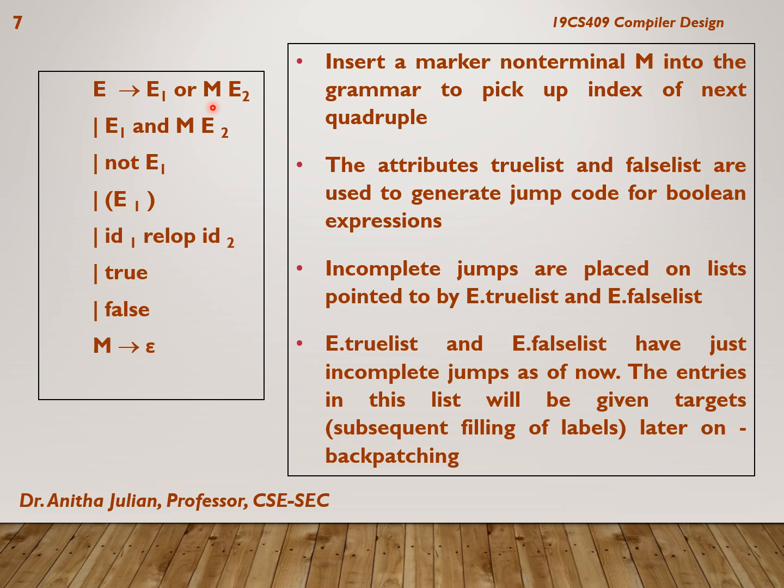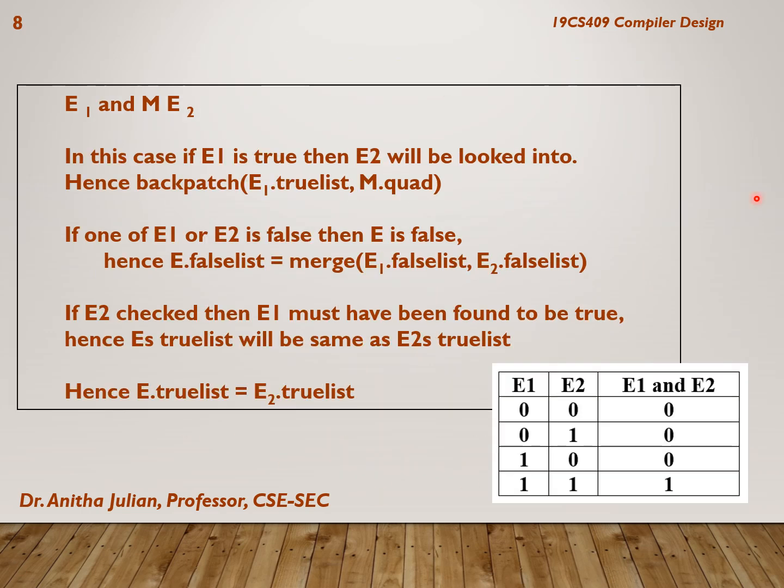So in order to do that, we are going to introduce two attributes, true list and false list. As we move on, we will understand this better. So we have the grammar E1 or E2, E1 and E2 and so on, all the grammar rules we saw. So we will evaluate one by one.